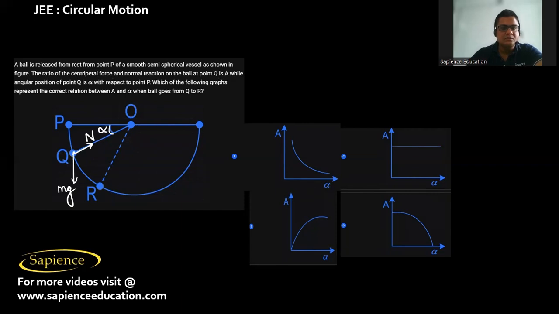So you can say that this angle is alpha. So this will also be alpha. This will be 90 minus alpha. This will be again alpha. So this will be mg cos alpha, and this will be mg sin alpha.